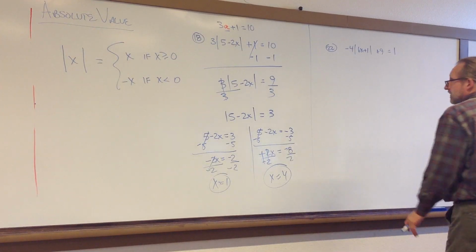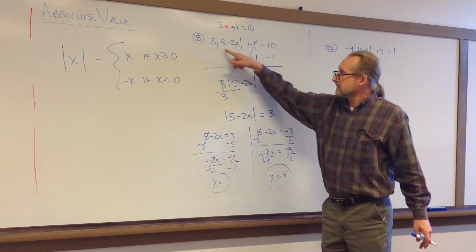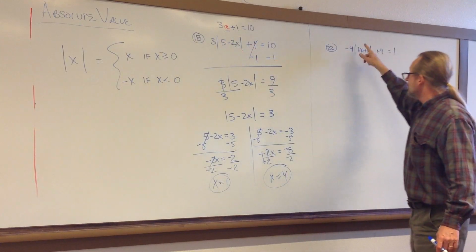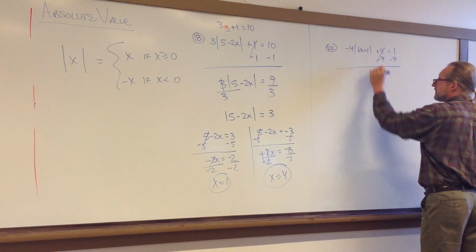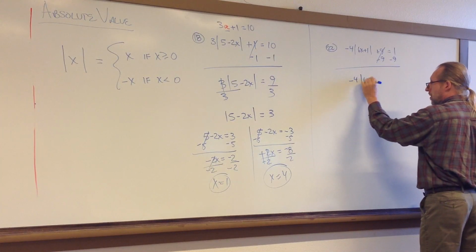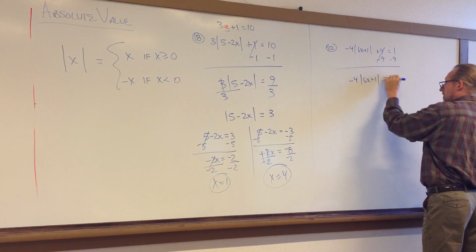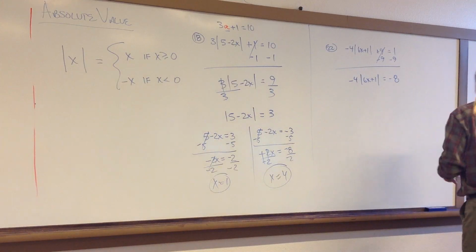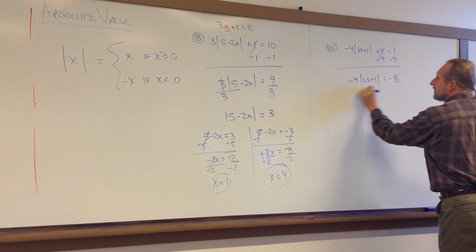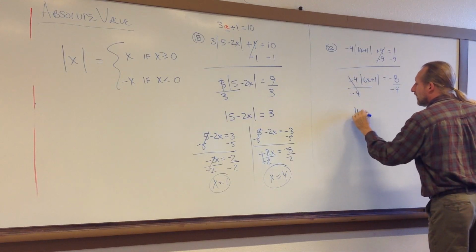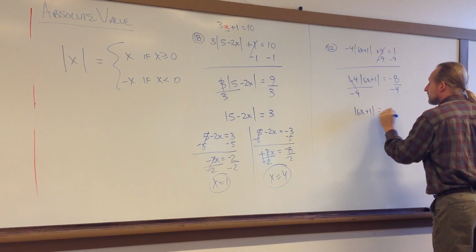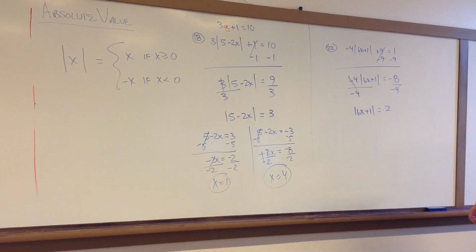Okay, so again, we want to isolate this absolute value the same way we did in problem 18. So we're going to subtract 9 on both sides. Get negative 8. And then divide on both sides by negative 4. And so we get absolute value 6x plus 1 equals positive 2.